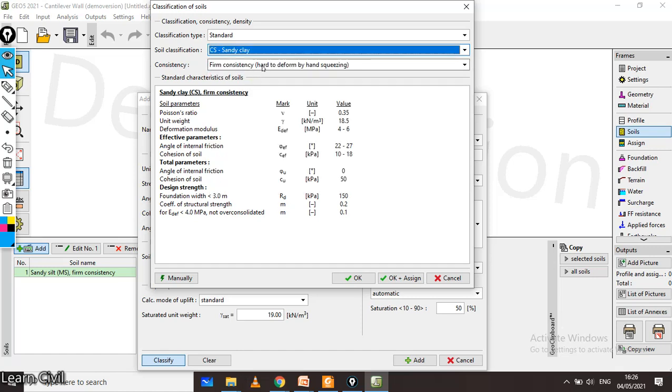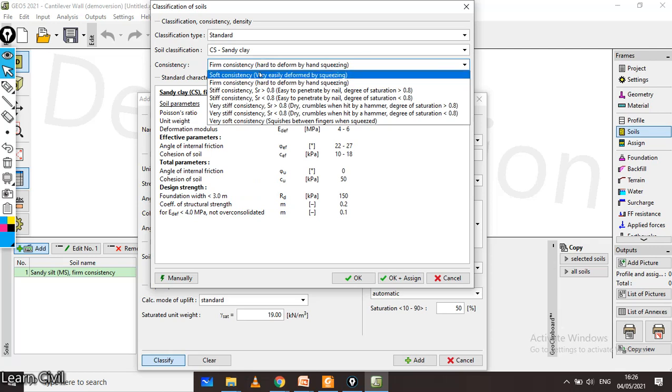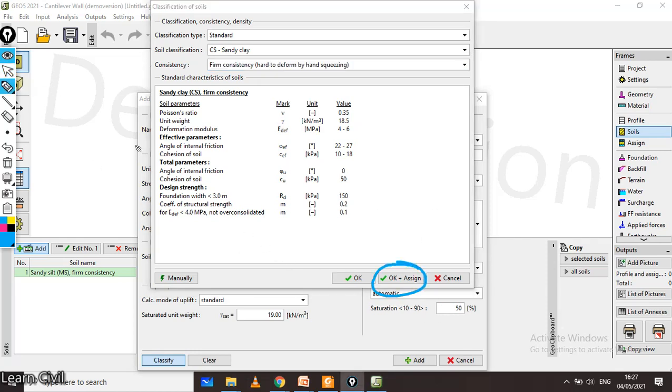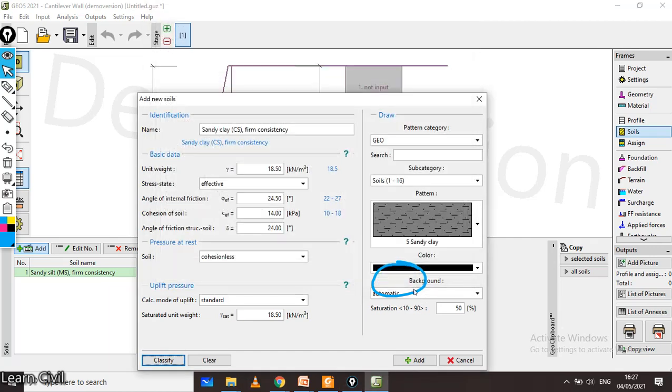Again in consistency, select this consistency as firm consistency, and go to OK plus assign and click it. You will see some properties generated here.